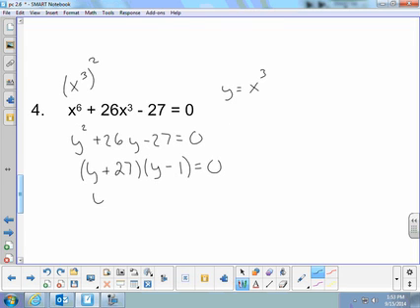And then I'd be left with x cubed plus 27, x cubed minus 1. Well, we have the sum and the difference of two cubes. Those can actually be factored. If I weren't teaching the honors class right now, I would go ahead and factor those. On this example, I just wanted to show you that you can factor it.